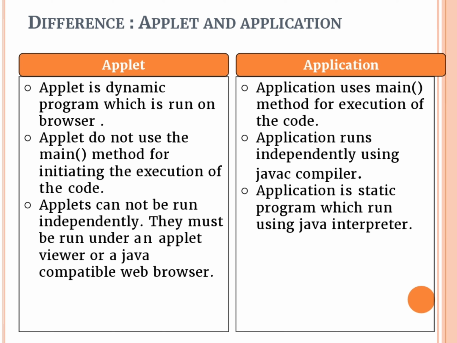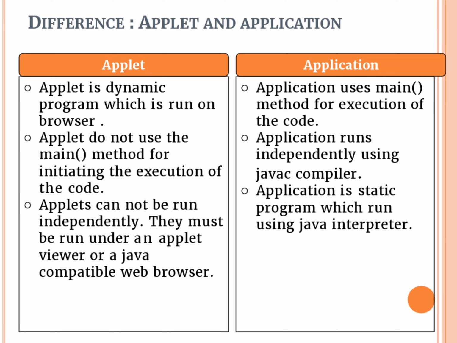The main difference is that an applet is a dynamic program which runs on a browser. An application program is a static program which runs using the Java interpreter. So Java applications need Java interpreters, whereas applet programs work directly on browsers.